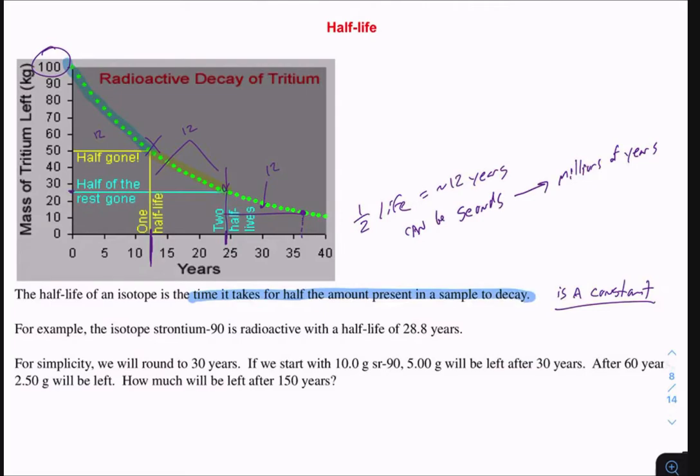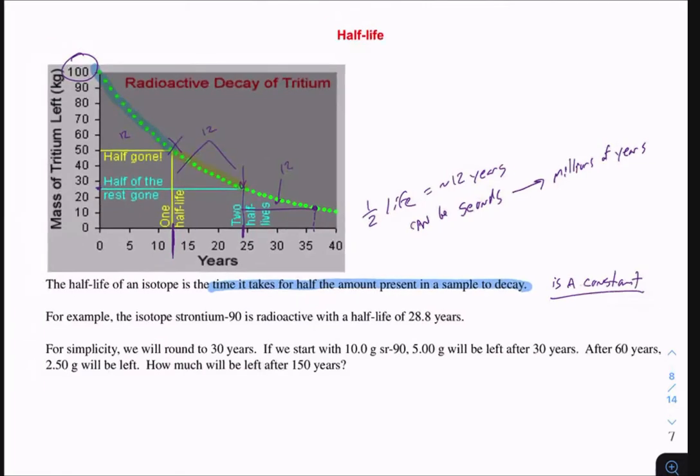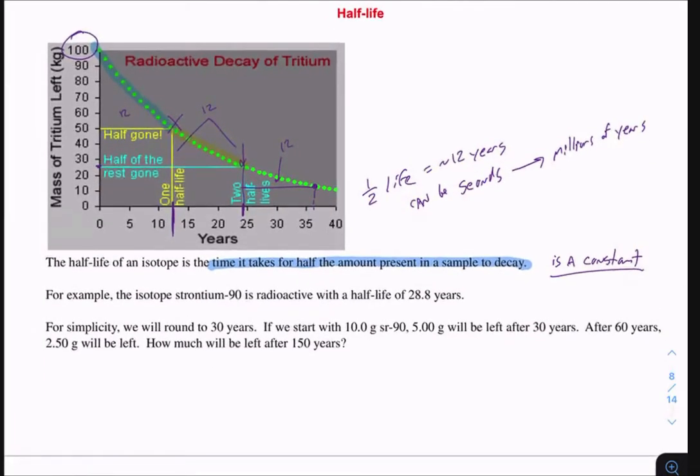If we understand the concept, let's try some calculations. I've got an isotope of strontium-90 here, and the half-life is 28.8 years. For simplicity, let's round this to 30 to make it quick and easy.